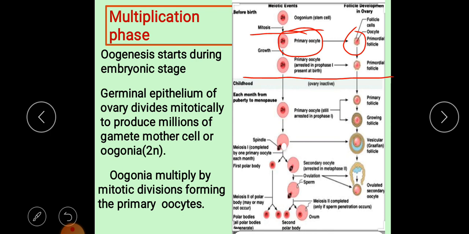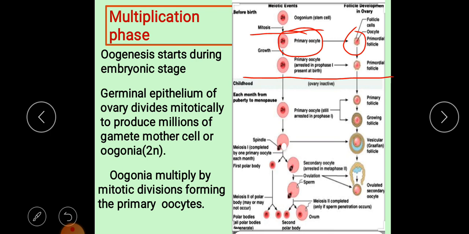And what happens next? Gradually that oocyte starts developing, and a layer of cells surrounds the oocyte, forming follicle cells. This structure is known as a primary follicle, and several such structures are formed inside the ovary.